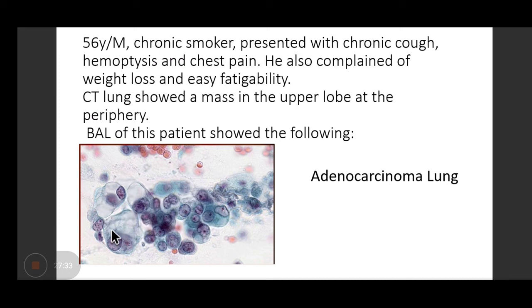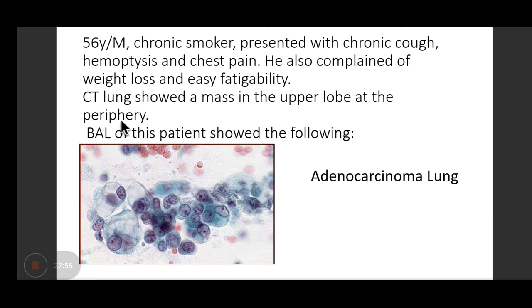Now, what type of malignancy? When you see cells in BAL in adenocarcinomas, if you look very carefully, they show signet rings. What are signet ring cells?